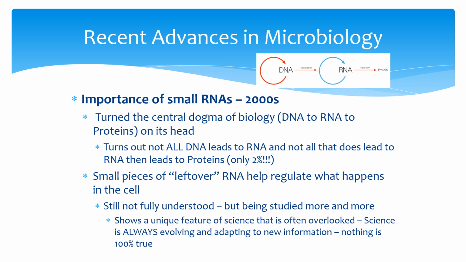So if it is such a small percentage that actually goes through this central idea around biology, then what are we actually looking at? What does that central theme mean if it's not potentially true? These small pieces of leftover RNA help regulate what happens in our cells, but we still don't really understand what all is going on.